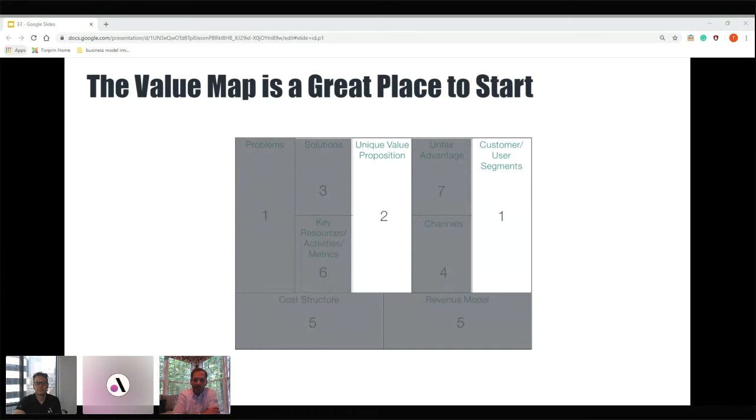Because this is such an important topic, this idea of validating early and often, we wanted to spend a little bit of time going a little deeper into two aspects of the business model Canvas that together build a really important tool in and of themselves. And in my humble opinion, it's the heart and soul of the business model. So we call this relationship between the value proposition box and the customer description box the value map. Next slide.